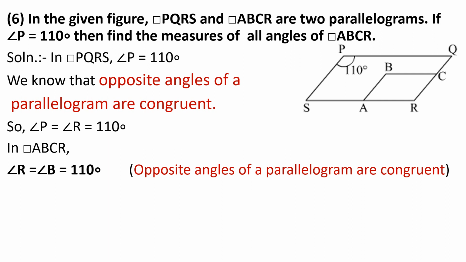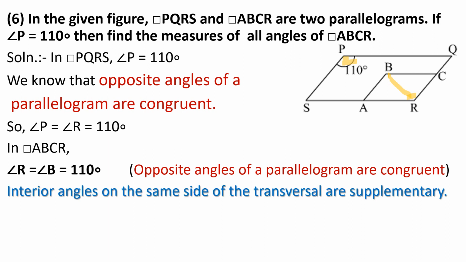Observe the diagram. P is opposite to angle R, but angle R is opposite to angle B. Therefore, angle B also measures 110 degrees. Reason: opposite angles of a parallelogram.